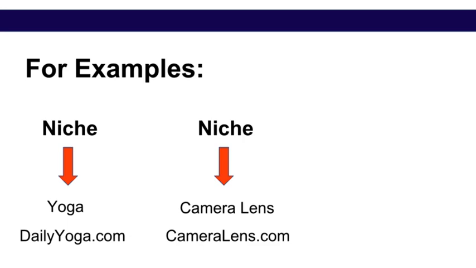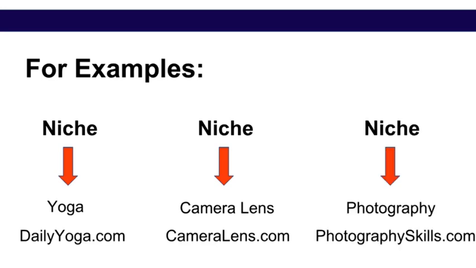We are here to create big websites, authority websites. So in such a case, rather than booking cameralens.com, we will book its market-based domain name. Now the market would be photography. So we will book photographyskills.com or anything related to photography.